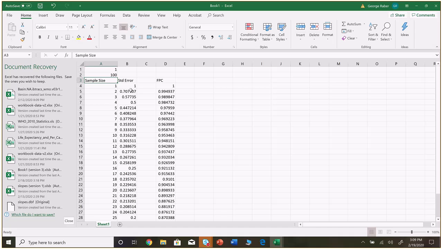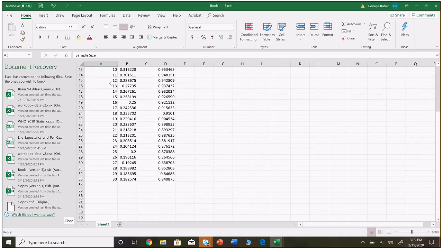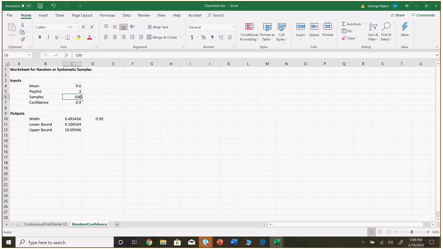This is the standard error, and as the sample size increases, the standard error gets smaller, right? So here, when I make this 100, it actually made that bound smaller. See how it's only about plus or minus half?